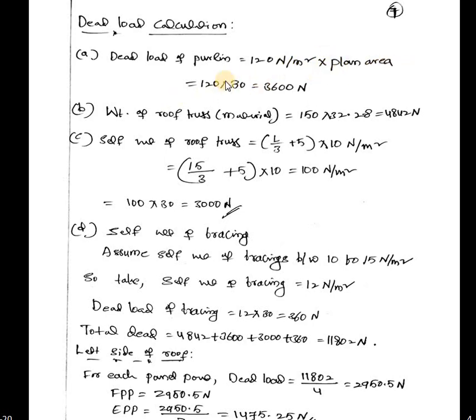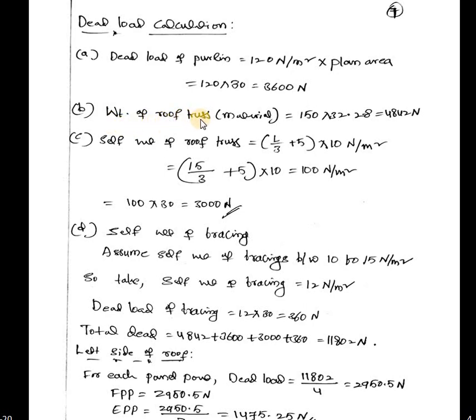For 30 meter square plan area, what is the dead load of purlin? 120 into 30. Therefore, dead load of purlin is 3600 newtons.